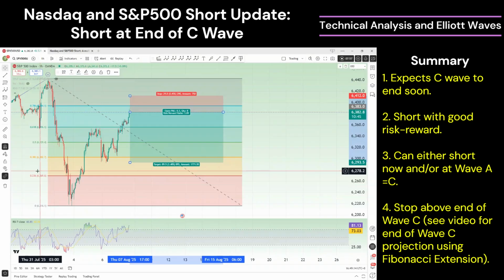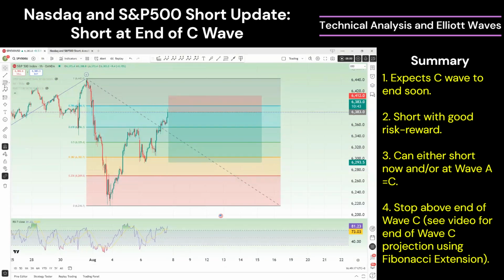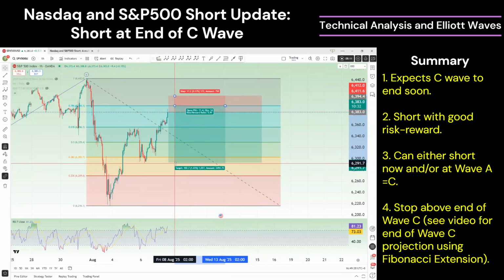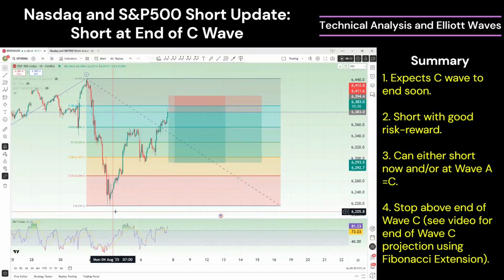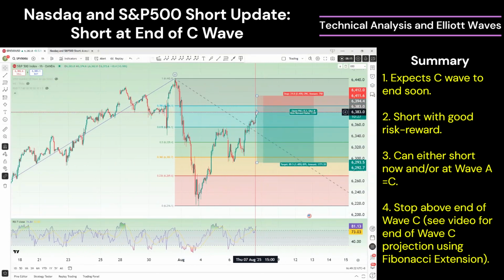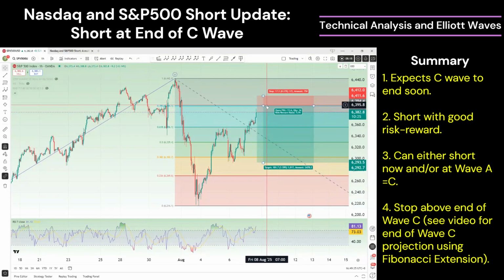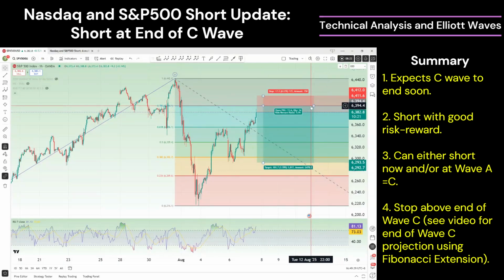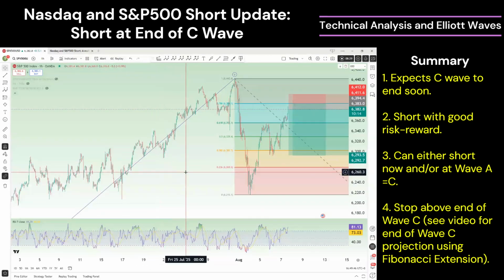But you scale in your position so that if it goes to this resistance point 78.6, you do another one. So you size your trade accordingly. If you enter here, you may be prepared to enter again around 13 points higher, with the same take profit, which is 6293 over here.